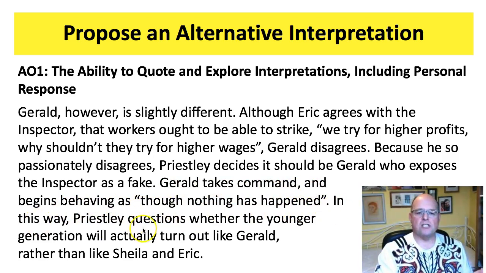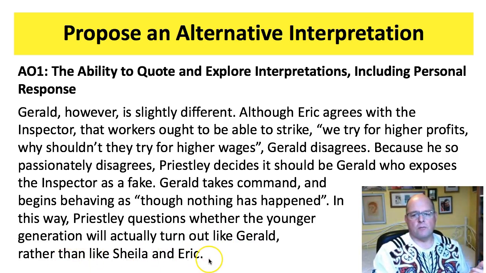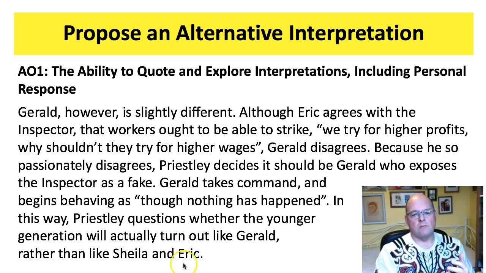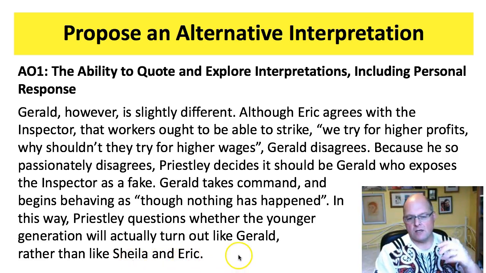In this way, Priestley questions whether the younger generation will actually turn out like Gerald rather than like Sheila and Eric. So hopefully you can see the way I've structured this, dealing with Eric and Sheila first, then allows me to say that actually the inspector is going to focus on Gerald to offer us this alternative interpretation.